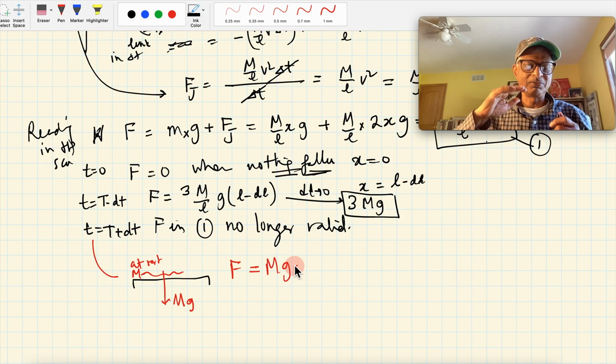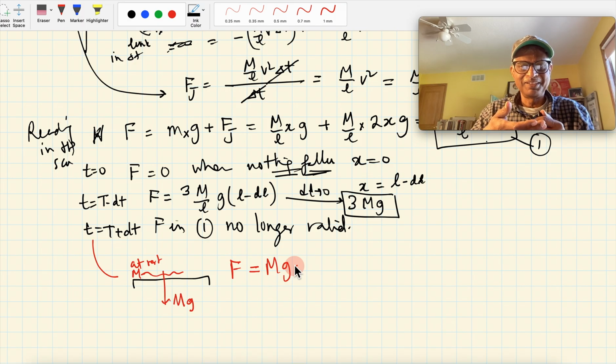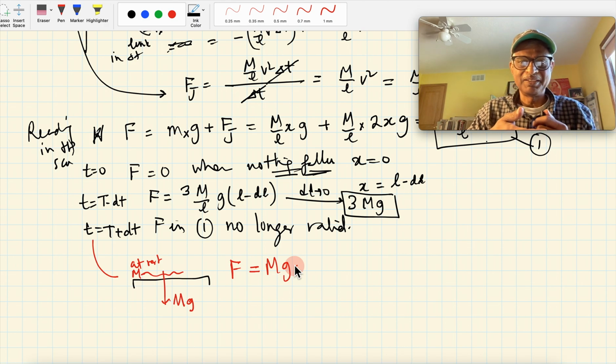If you didn't learn how to think in terms of time, then you are going to get tripped. Otherwise, very simple. You say, okay, the whole thing is just waiting there at rest. What are you asking me? This is just going to be the weight of the chain itself, and nothing is going to add two more to it. Okay.